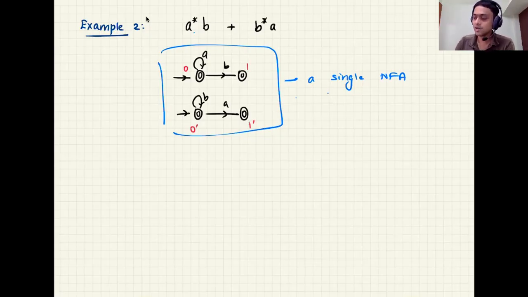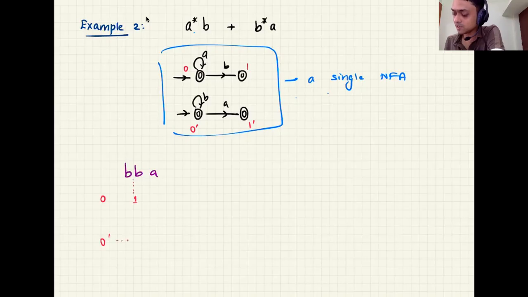Now if I have a word of the form, say, BBA, there are several runs: one that starts at 0 prime and one that starts at 0. If I read a B, from 0 I go to 1.